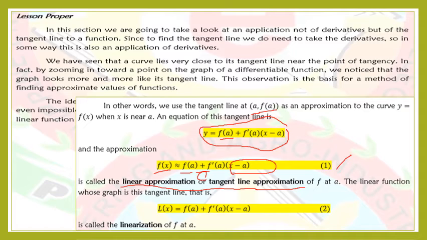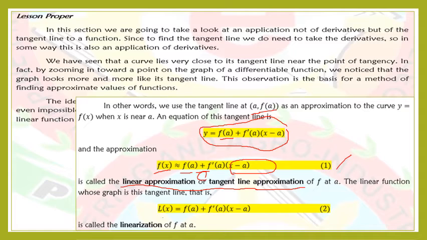So this is the linear approximation or tangent line approximation equation of f at a. The linear function whose graph is this tangent line, okay, yung linear function naman natin na L na tangent siya doon sa curve natin na y equals f of x at the point (a, f(a)), ito din yung formula niya.